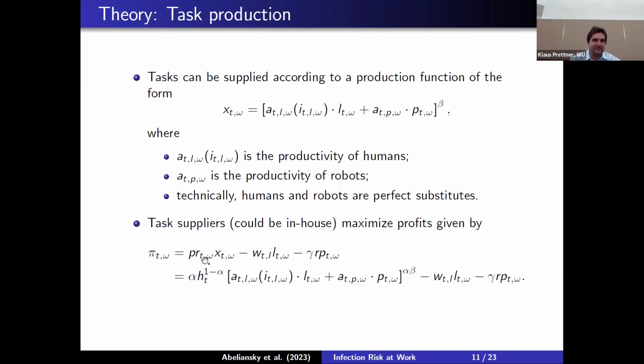And the profit would be the price that it can charge for a task multiplied by the amount of tasks that are produced, minus the costs of doing so, which is the wage rate multiplied by the number of workers if this task is performed by humans, or the cost of the robot multiplied by the number of robots if the task is performed by robots. And the cost of robots, that's gamma, that's how much physical capital I need to produce a robot.